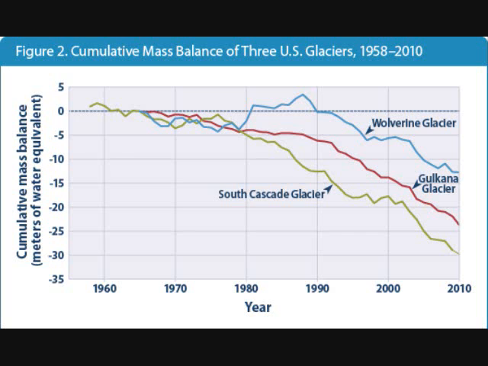So that's yet another indicator of warming. This just shows three glaciers here in the United States, but I think almost all the glaciers all over the world, in the higher elevations, in the mountains, and in the polar regions, are melting and retreating, and have been for quite some time.